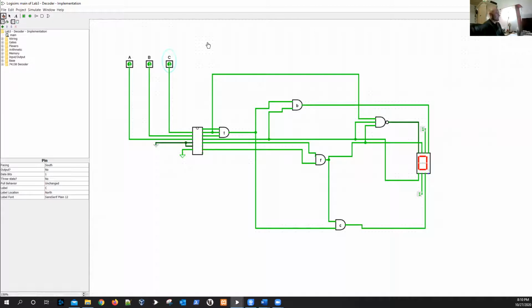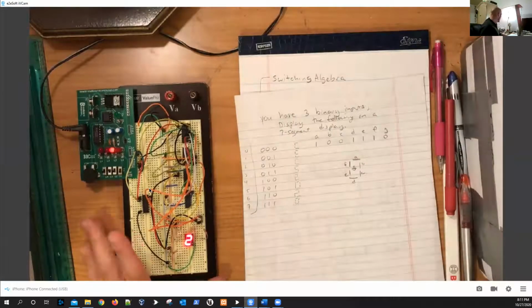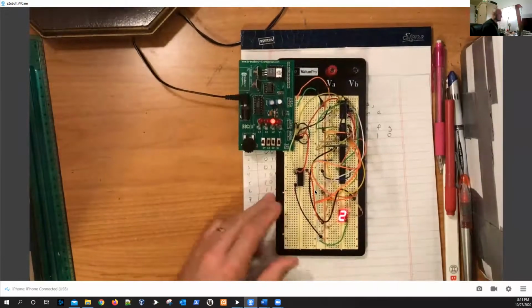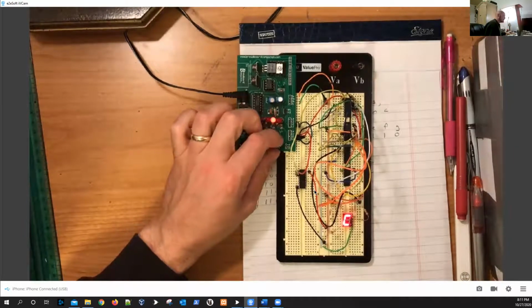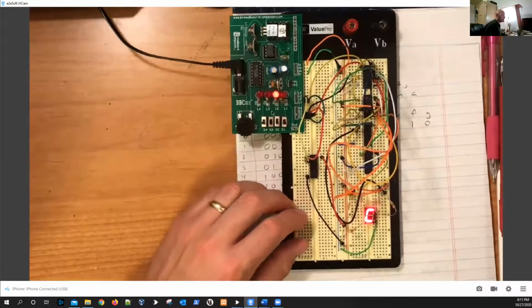So once they have that, they can figure out from this, and they map this to where to put the wires, and they physically build the circuit. And that's what I have here. And so I had to reuse some of my switches, so ignore these lights up here.